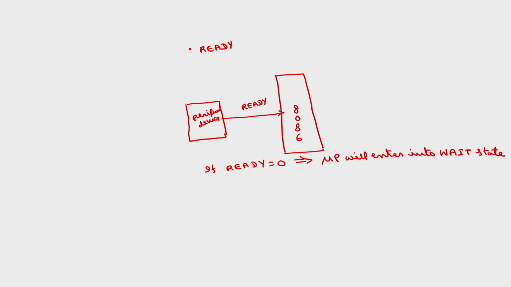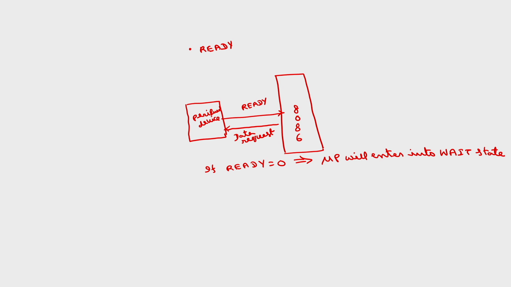This is something like, if the microprocessor wants to take data from a peripheral device, normally the peripheral device is slow compared with the 8086. Because of this, the microprocessor first initiates a data request. If the peripheral is ready to give the data, it will send a high on the ready signal.